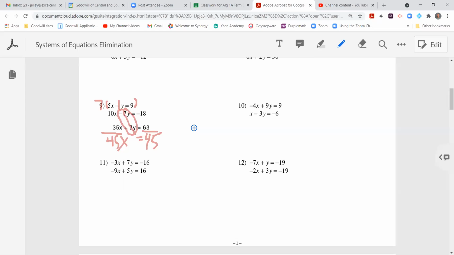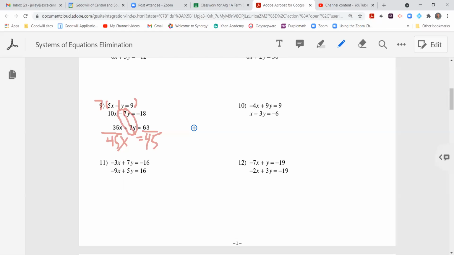It's just whatever you see first. It doesn't matter, because the end result is still going to be the same. So if I rewrite that, 3x minus 9y equals negative 18. Now there's a rewritten equation that allows the y terms to cancel.